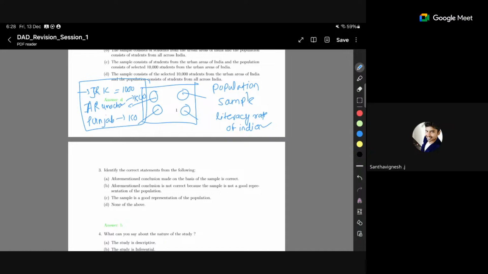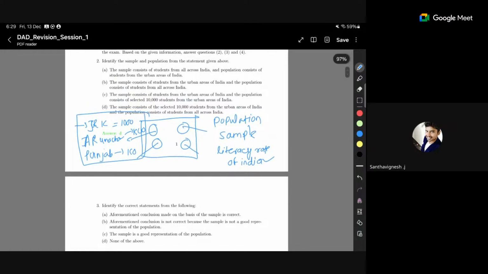That's not a good sample. If I collect from a few more states, let's say 10 to 15, it might become a better sample. It depends on how well you collect. Generally, inclusion of different kinds of varieties in a sample makes it a good sample.